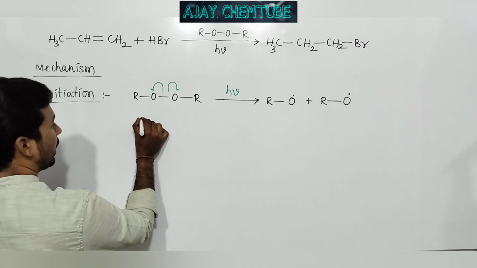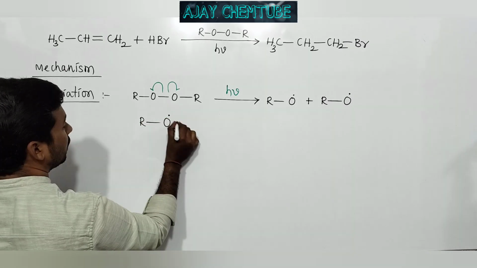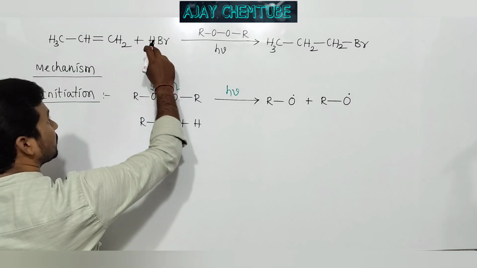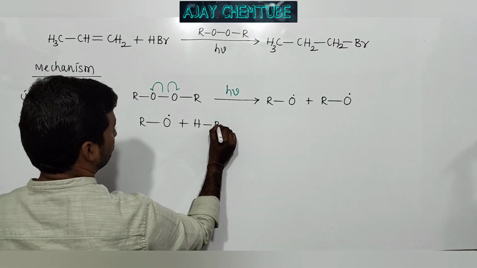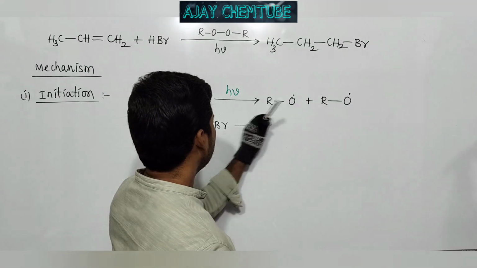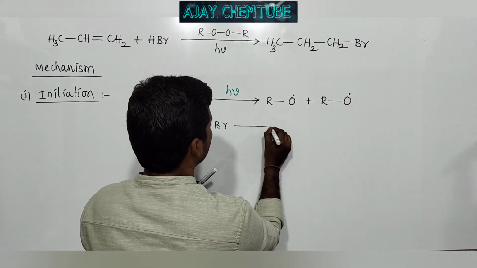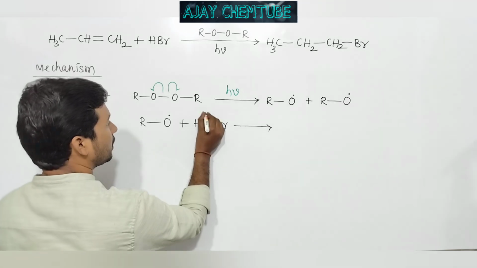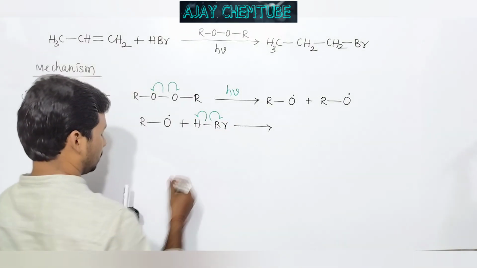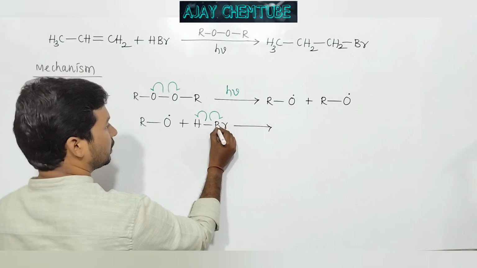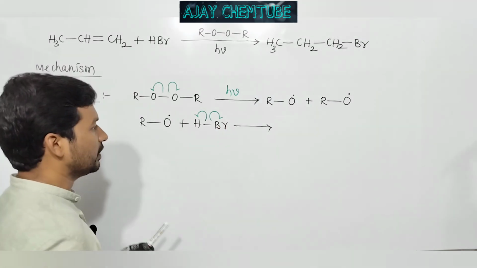That RO free radical formed first comes to HBr. In presence of free radical, that is active species, hydrogen bromide takes homolytic bond cleavage.